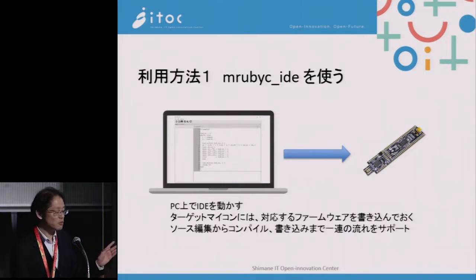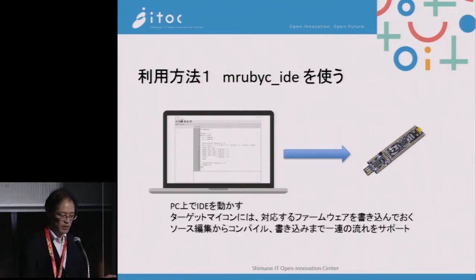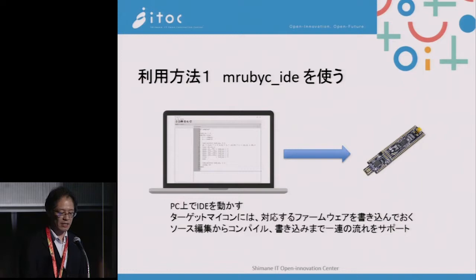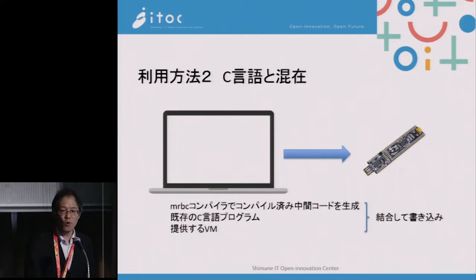So you can run the IDE on a PC, and the corresponding firmware should be written on the target microcomputer, and then it can be written to the target. This is for beginners. I think this is a better way for beginners to use it.